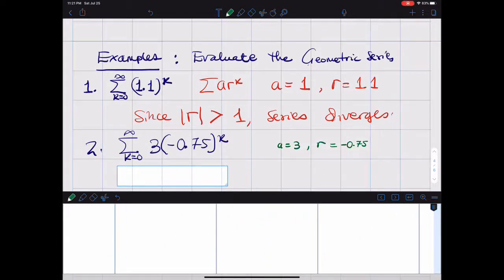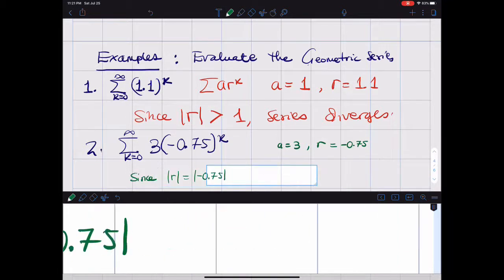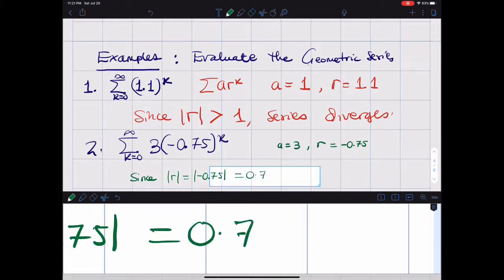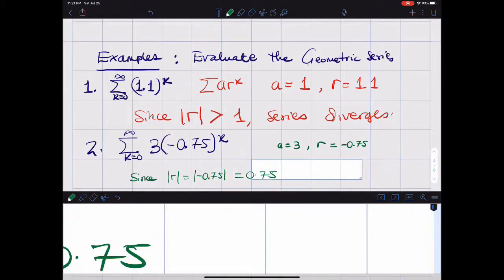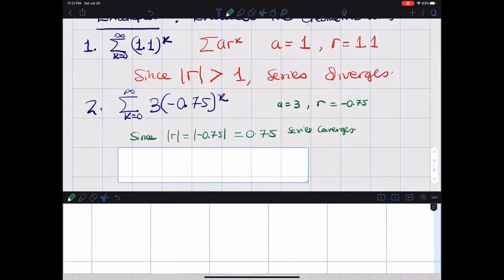Since the absolute value of r is 0.75, the series converges. If a series converges, it's always good to know what it converges to.